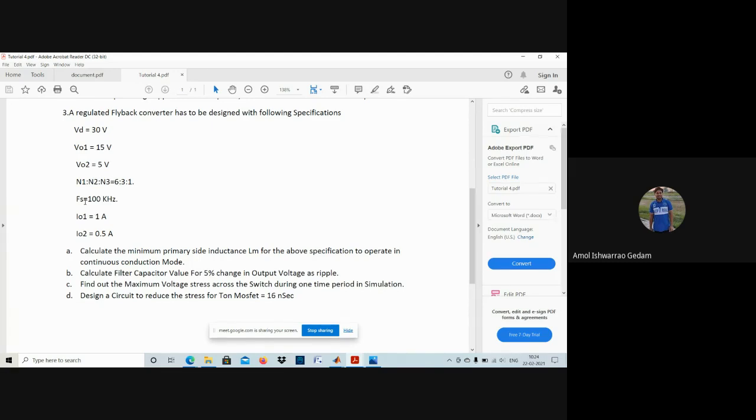The frequency will be 100 kilohertz, and output current of the first winding will be 1 ampere, and output current of the secondary winding will be 0.5 ampere. With all these parameters, you have to simulate and send this question.